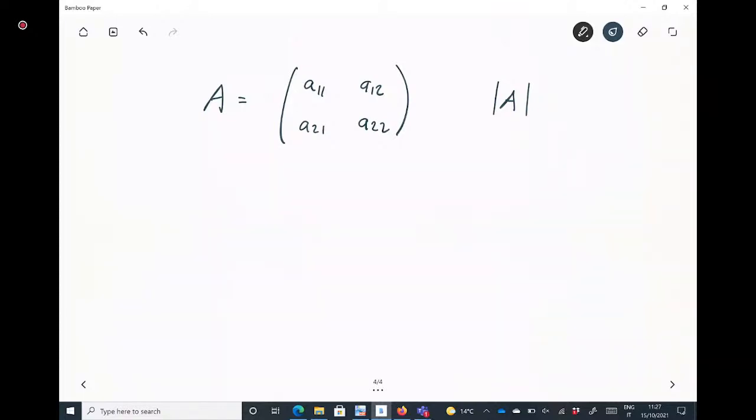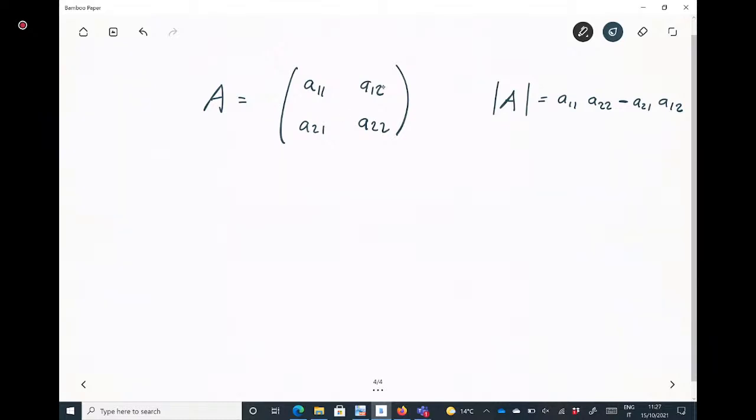For the 2 by 2 case, the determinant is given by the multiplication of the two elements in the main diagonal minus the multiplication of the two remaining elements. Of course, if the matrix is symmetric, this is A12 squared, okay?